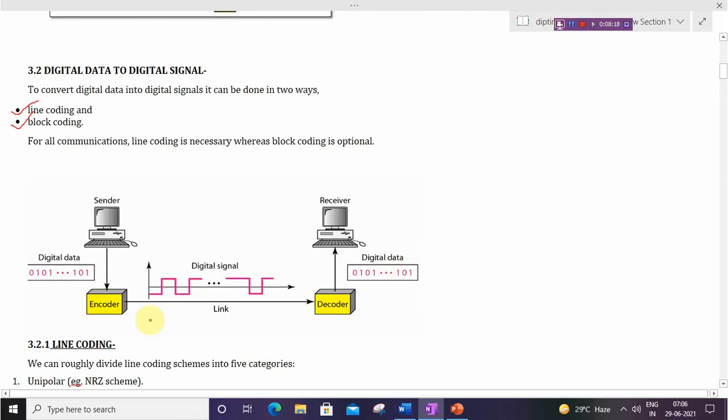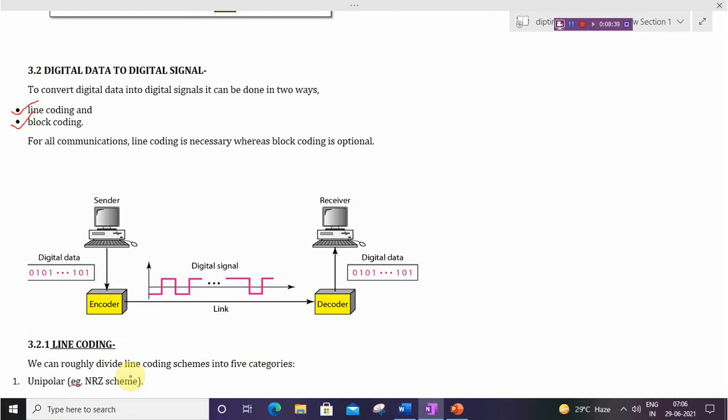Okay. And to convert the digital data into digital signal, we use line coding. So in the next class, I will discuss different line coding techniques to convert the digital data into digital signal.